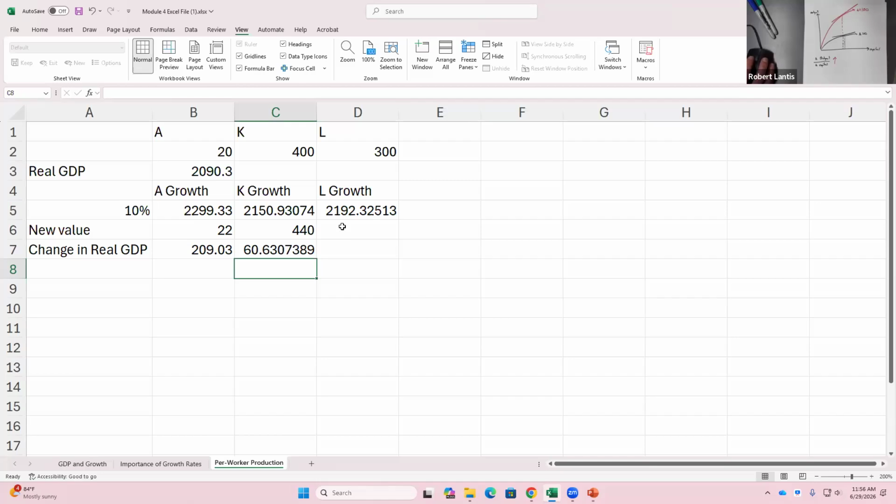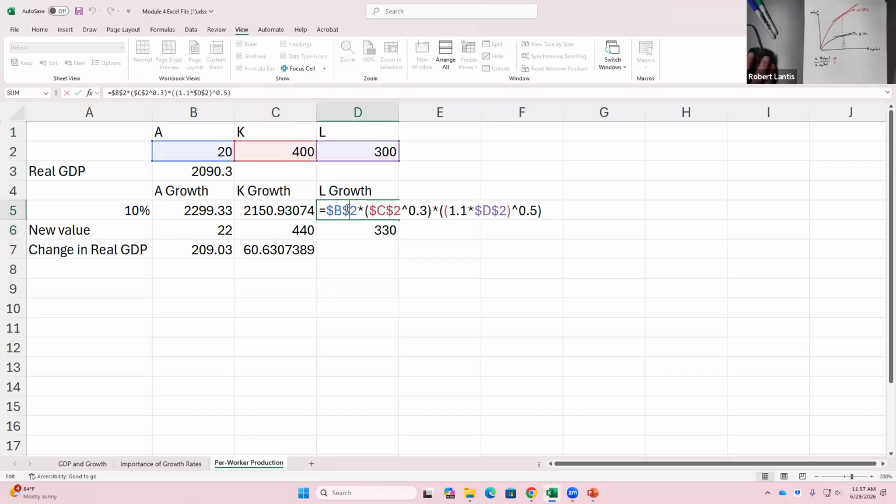Then we go through the same process with labor. If I saw a 10% increase in labor, 300 would go up to 330, or I can prove this to myself by making the calculation. I take that same production function, no change in factor productivity, no change in capital, but now a 10% increase in my labor.